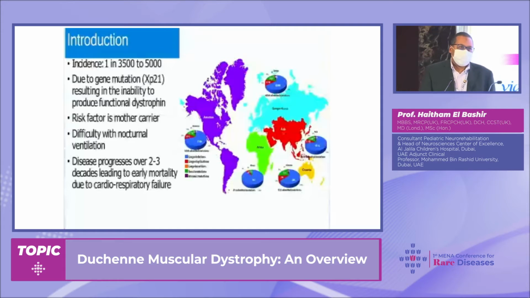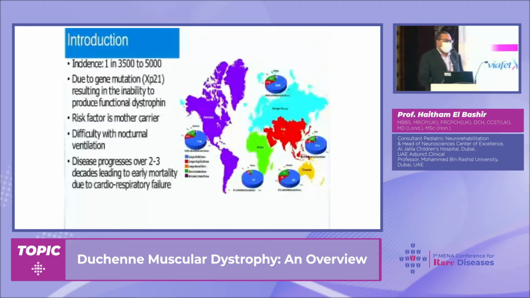So Duchenne muscular dystrophy is not a new disease to many of you. It is a rare disease by definition because the incidence is about 1 in 3,500 to 5,000, depending on where you live. And it is due to a genetic mutation in Xp21. So it's an X-linked recessive disorder.